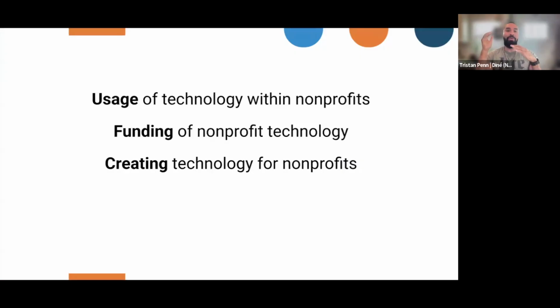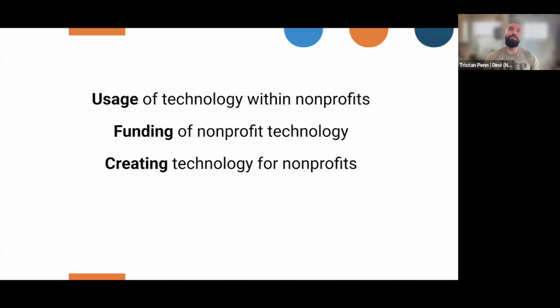This guide is going to cover three sections: usage, funding, and creating. So the usage of technology within nonprofits, funding of nonprofit technology from providers, and also maybe from yourself. And then creating technology for nonprofits.